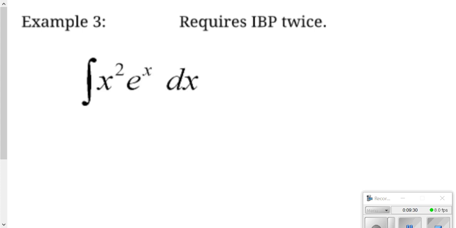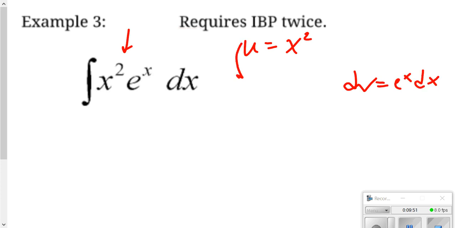Okay? Example 3 requires integration by parts twice. And I might know this because of this being here. Okay, so it's going to take a while for that x squared to dissolve away through integration by parts. So u is x squared, dv is e to the x dx. Now we're going to take a derivative here, and we're going to take an integral here.